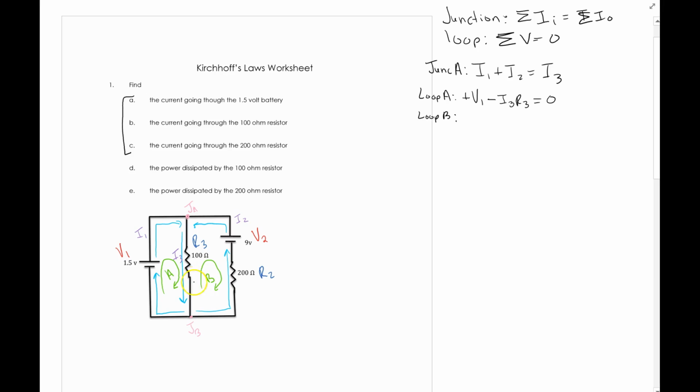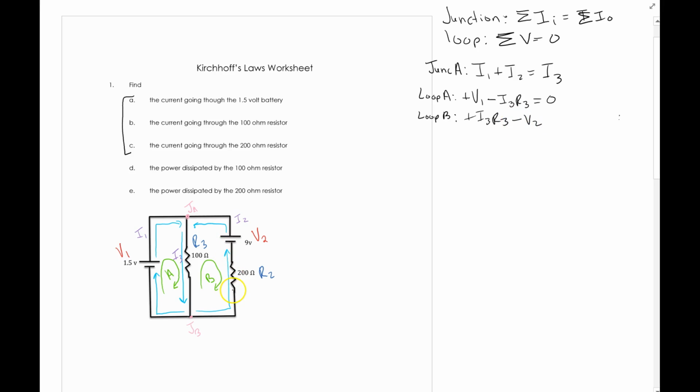And notice that if I go in the direction that's listed for this particular piece, I'm going to be going opposite my current. So now I'm doing plus I3 R3. And I go around, and now I'm going to go from my positive terminal to my negative terminal. So now I'm doing minus V2.